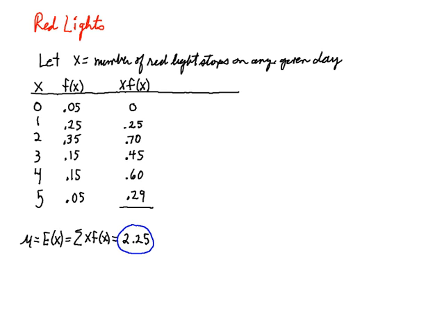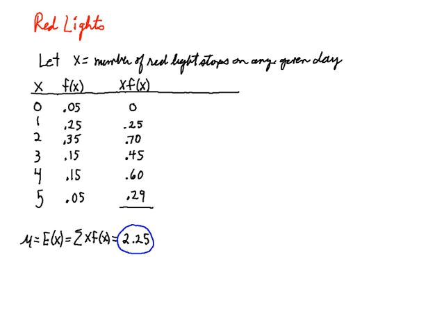Now, to get the standard deviation, I'm going to have to calculate the variance, the sigma squared, and then take the square root of that to get the standard deviation.